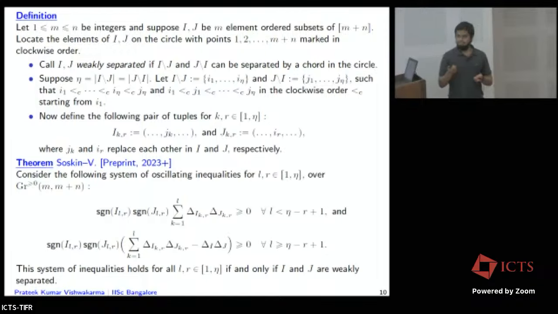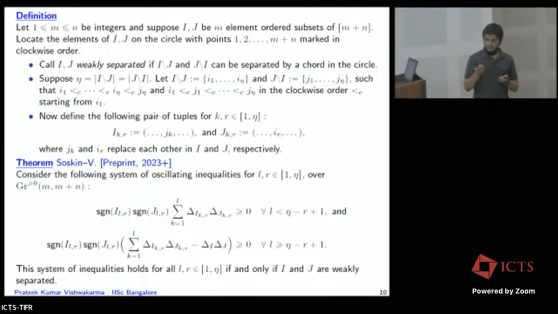We also show that these inequalities hold for weakly separated sets and only for weakly separated sets. These do not hold for any other type of Plucker coordinates delta I, delta J.